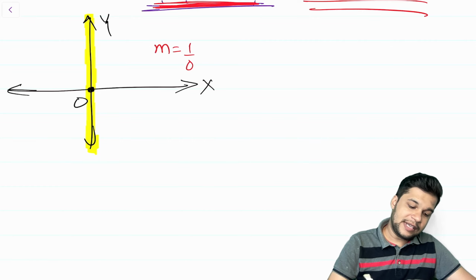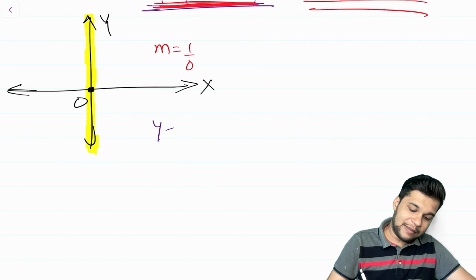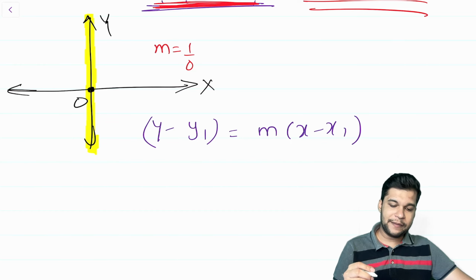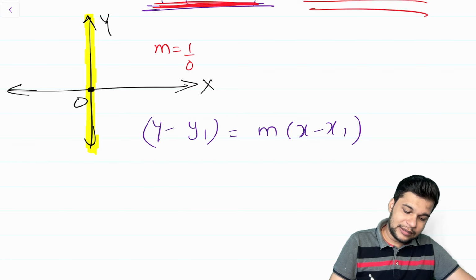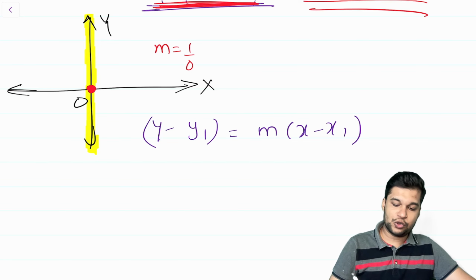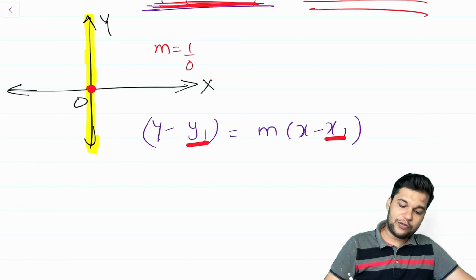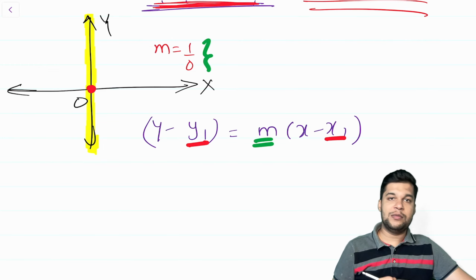So if I see the slope point form, it is y minus y1 equal to m times x minus x1. Now I know that the axis is passing through the origin, so my x1 and y1 will be 0, 0. And what will be my m? My m's value will be 1 by 0, right?